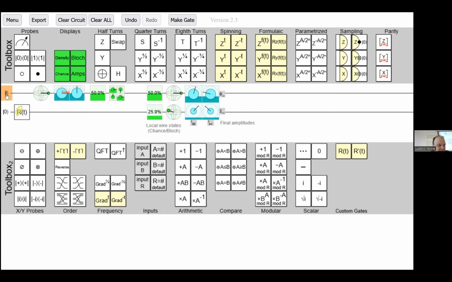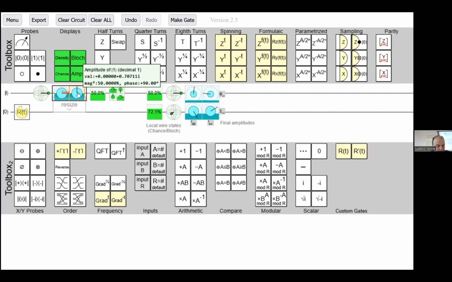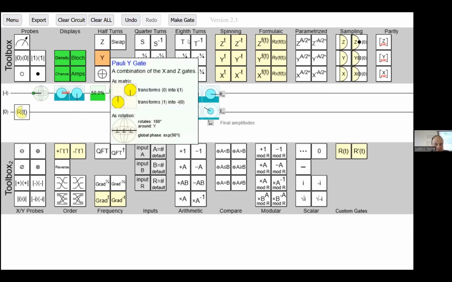Then you have plus i and minus i, corresponding to the y-axis of the Bloch sphere. For plus i, the dephasing of the second coordinate is 90 degrees, corresponding to i. And for minus i, the dephasing is minus 90 degrees, corresponding to minus i, simply.